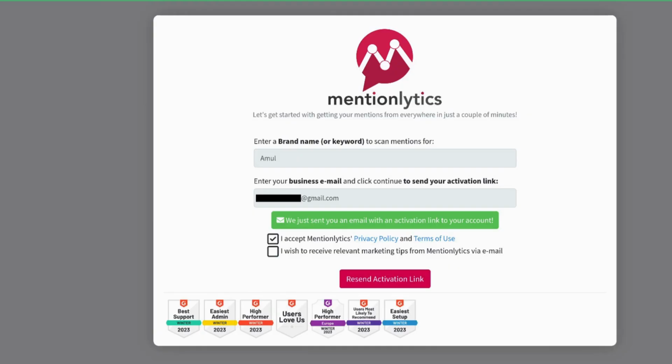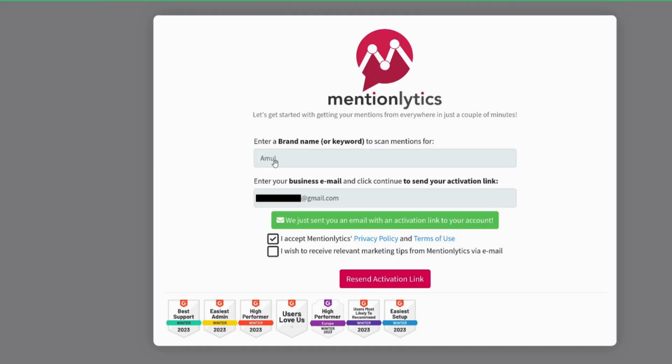To get started, simply visit the Mentionlytics login page, enter your credentials, which are the username that corresponds to you right here, and the name of the brand you want to analyze. So this could be your own brand name or a competitor's brand name.